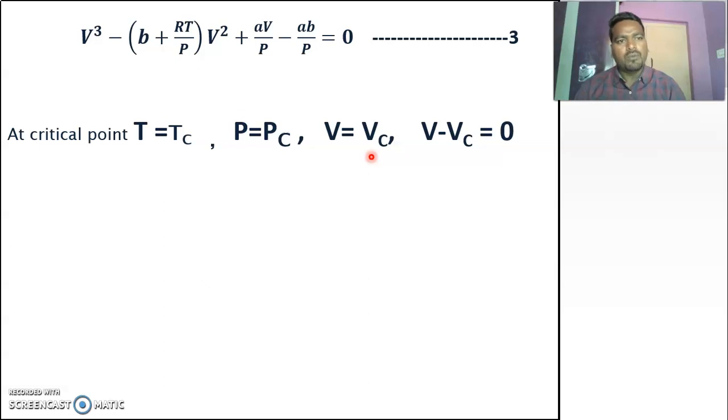That's why we have to apply the van der Waals equation at critical temperature, pressure and volume at the critical point. So at the critical point, T is equal to Tc, which, as I said in the case of the isotherm of carbon dioxide, is 31 degrees, and Pc, and the volume of the gas is nothing but the critical volume.